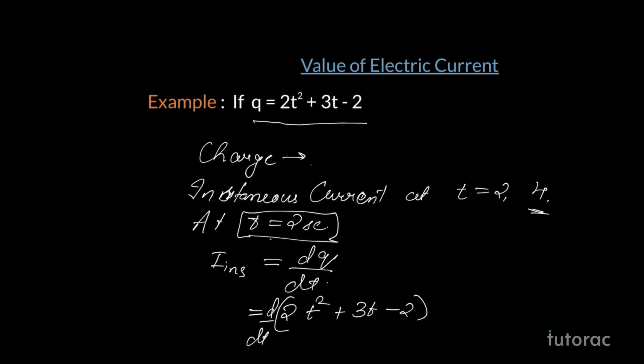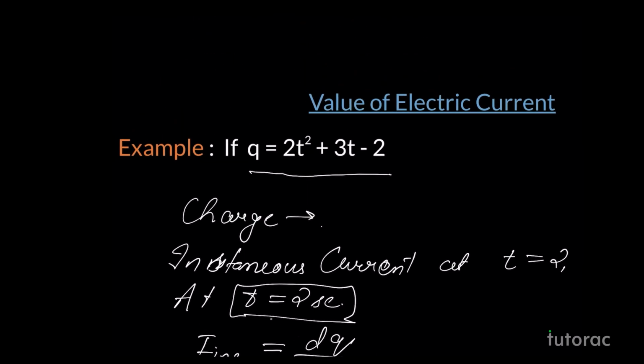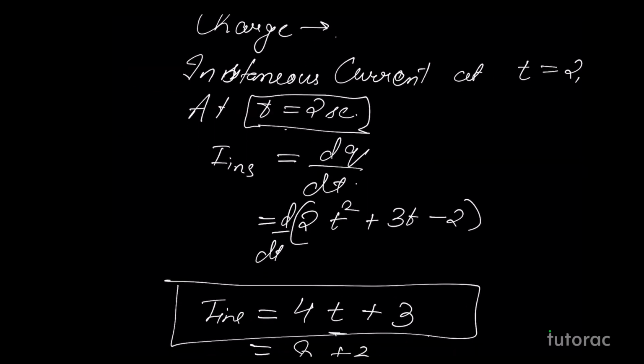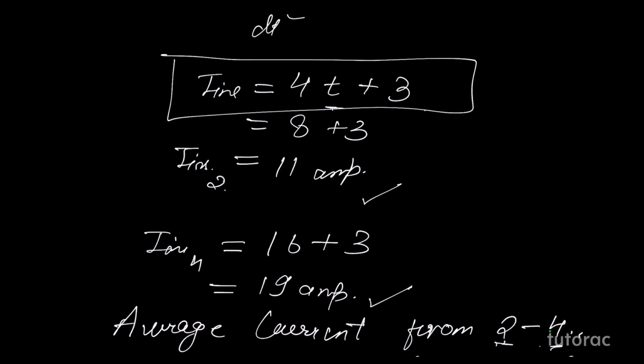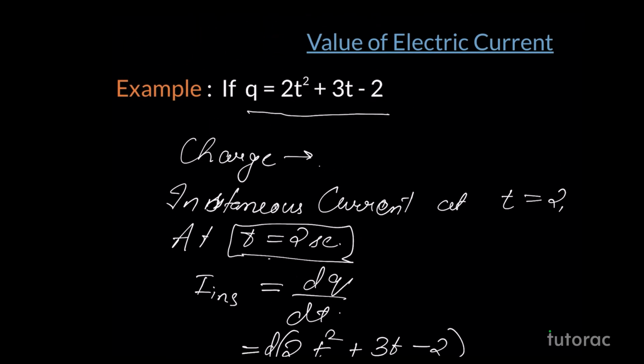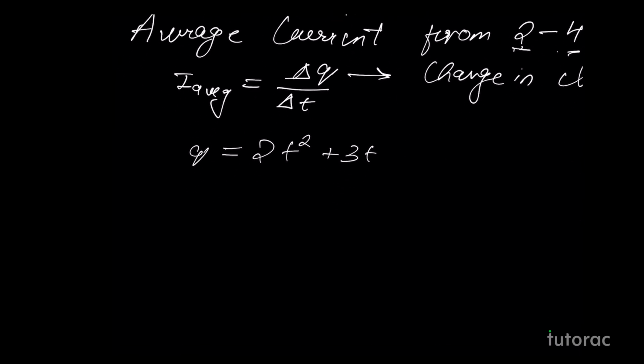If you recall, this is our equation, Q equals to 2t square plus 3t minus 2.